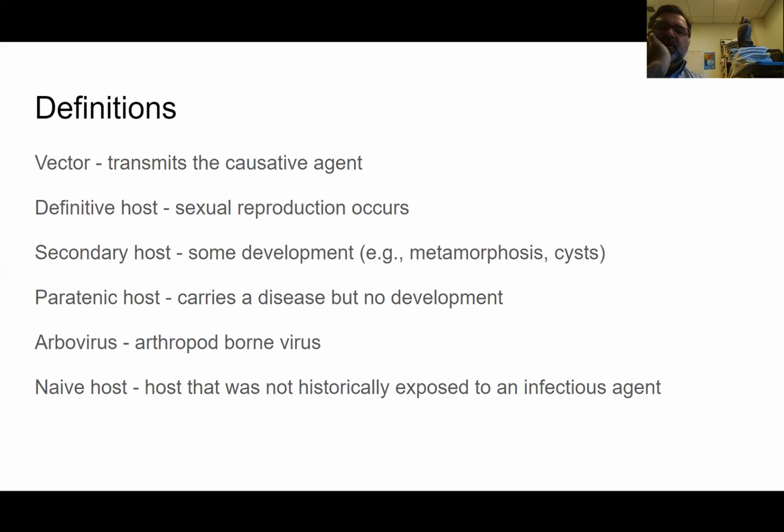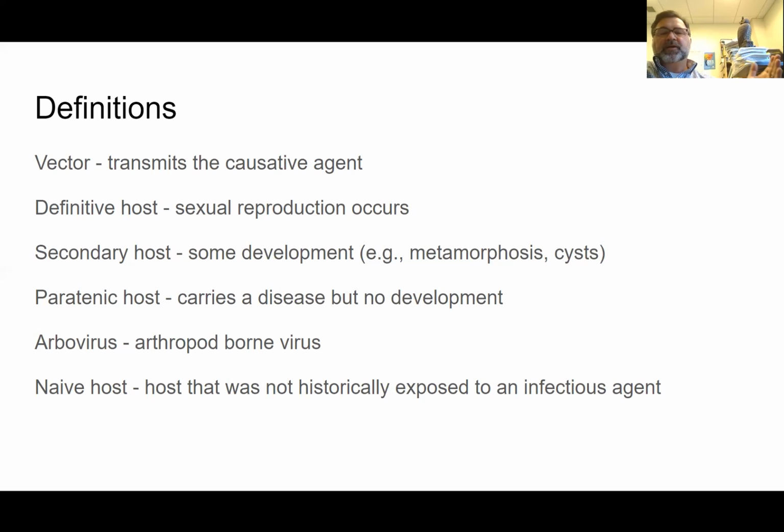All right, a naive host. When you have an epizootic outbreak, usually it's with a naive host. And a naive host is a host that is not or was not historically exposed to that infectious agent. So with West Nile virus, that came from the West Nile region. And when it came to the US, our population of birds was naive, and it was deadly to them.